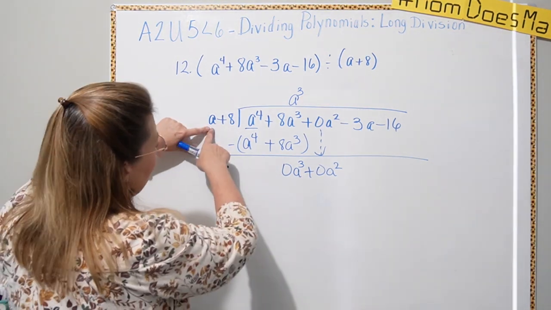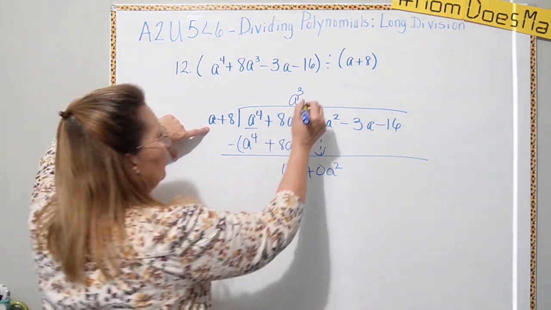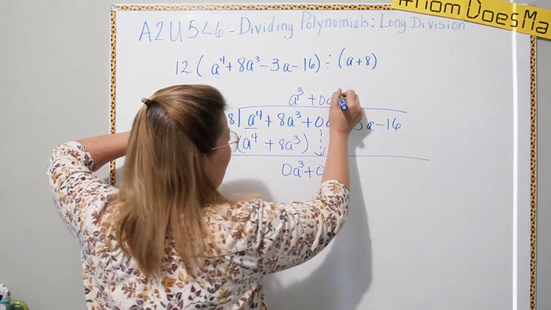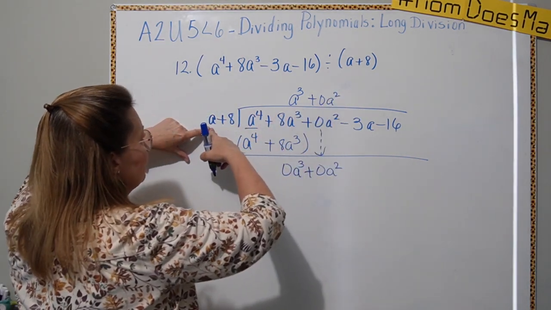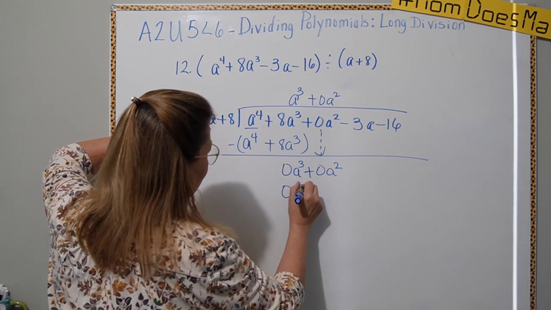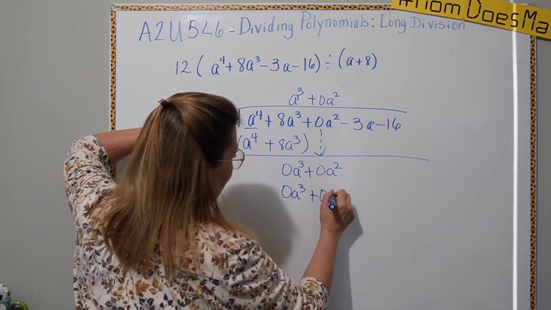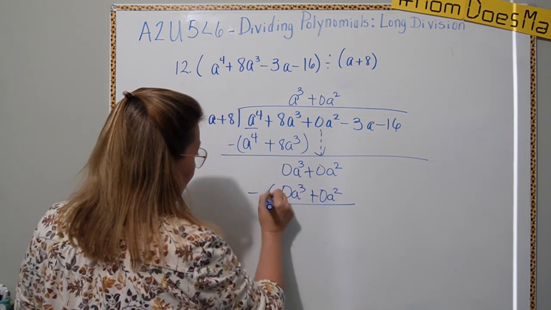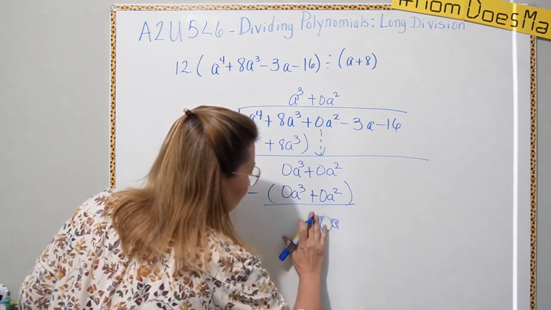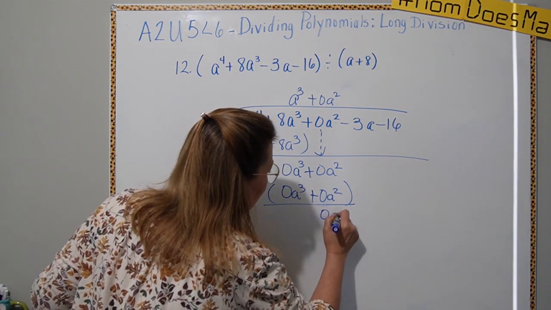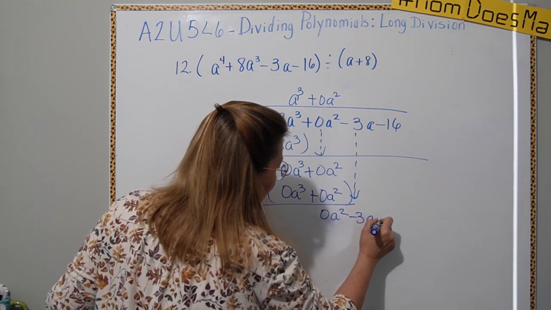All right, what would I multiply a by to get 0a to the third? Well, how about 0a squared, right? So now let's multiply. 0a squared times a gives me 0a to the third. And 0a squared times 8 gives me 0a squared, okay? And we're going to subtract, and those cancel out. So now I have 0a squared, and I'm going to bring this one all the way down, minus 3a, okay?